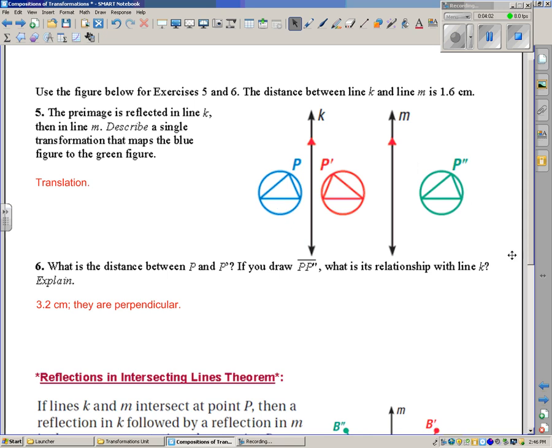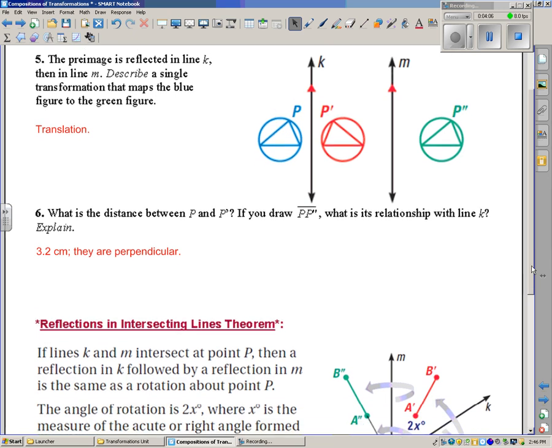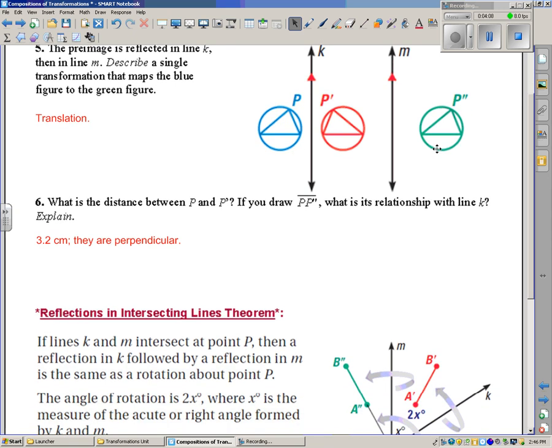So it's going 3.2 centimeters to the right because the lines are perpendicular, and the theorem says the distance between the two lines that you reflected about twice means the distance between the two figures is going to be twice that distance.